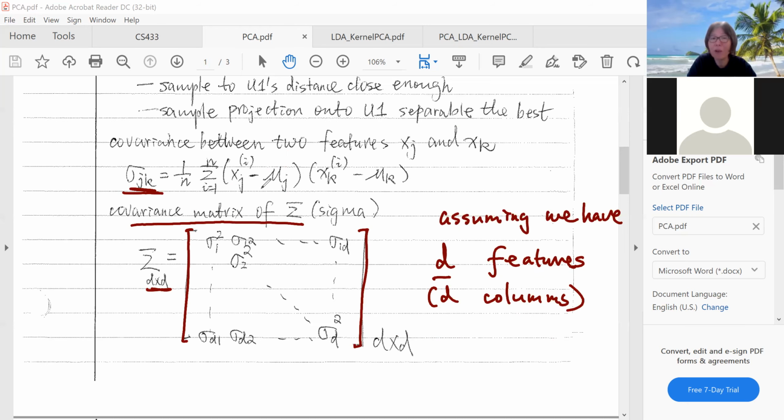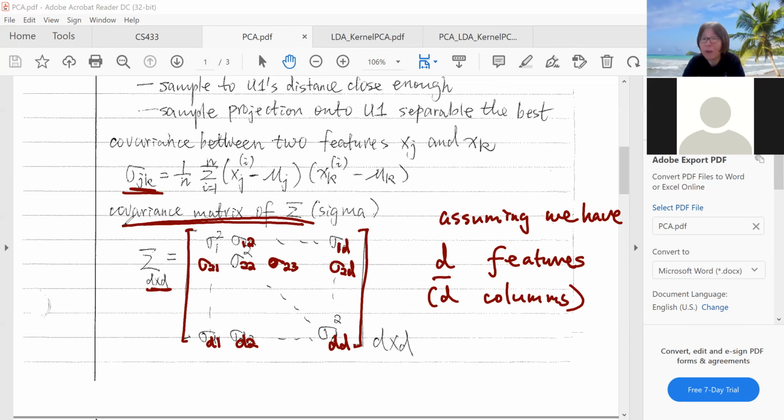So the covariance matrix is sigma 1,1, sigma 1,2, up to sigma 1D, and sigma 2,1, sigma 2,2, sigma 2,3, up to sigma 2D, and here it's sigma D1, sigma D2, up to sigma DD. Writing a program to calculate this covariance is not a big deal, so then you can build this covariance matrix. We call it sigma.